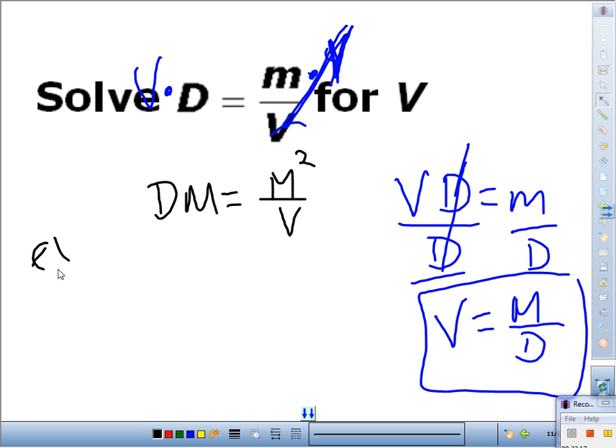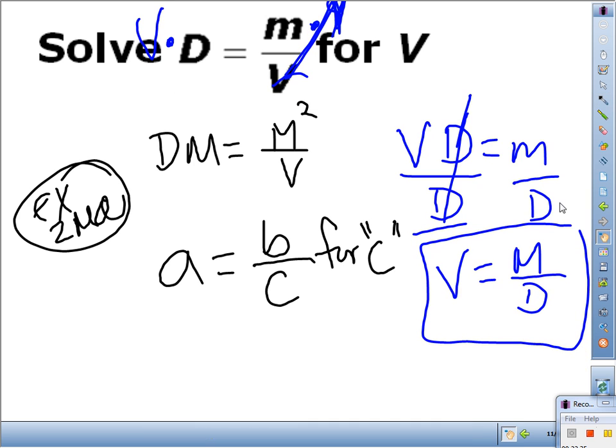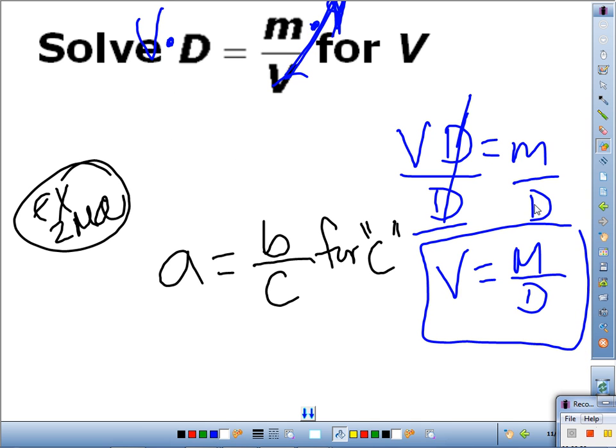Let's do another one of these. Example 2 mega cube. Let's do A equals B over C and solve for C. Let's see how you do. I'm still writing it.